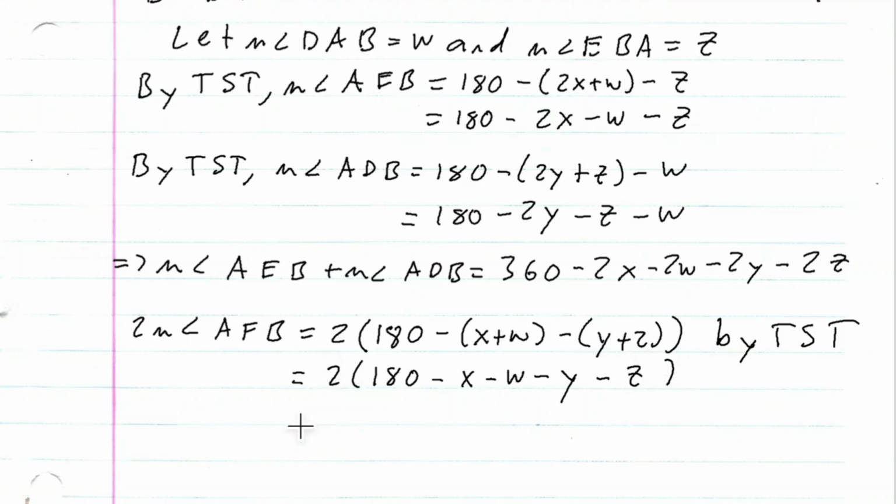Then we can distribute that 2 to get 360 minus 2x minus 2w minus 2y minus 2z.